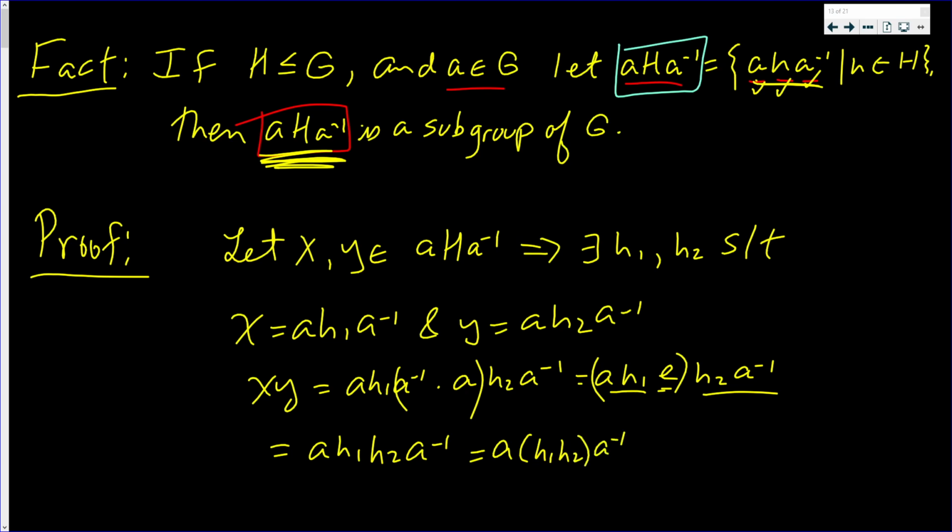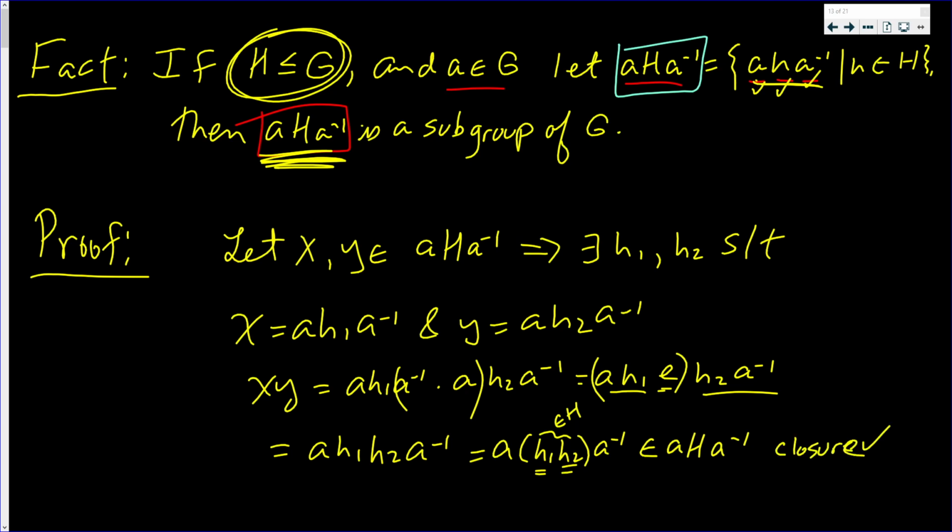But H is given to be a subgroup, so if h1 is in H and h2 is in H, since H is closed, h1 times h2 is in H. So this certainly is in aHa inverse.